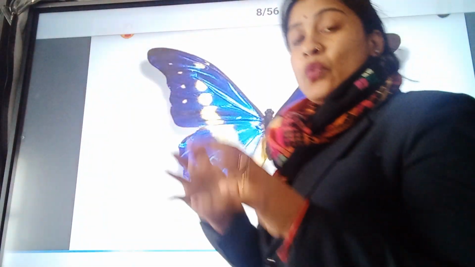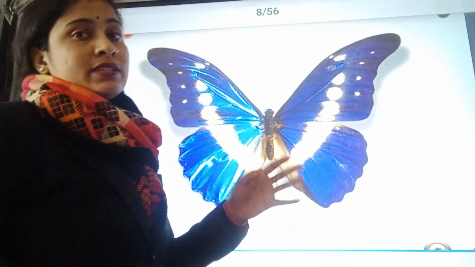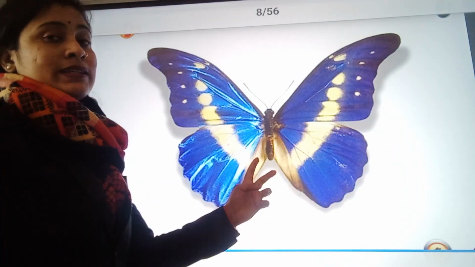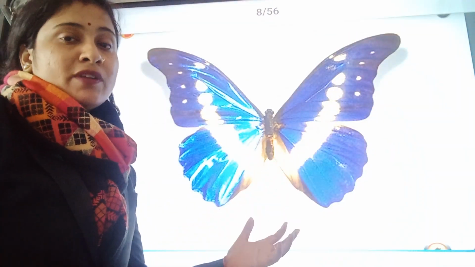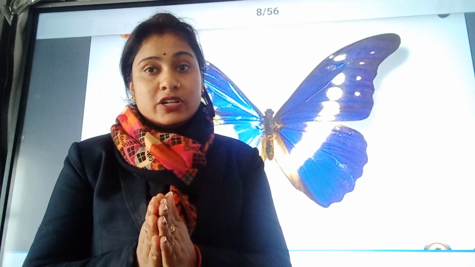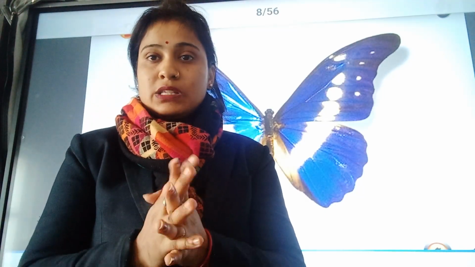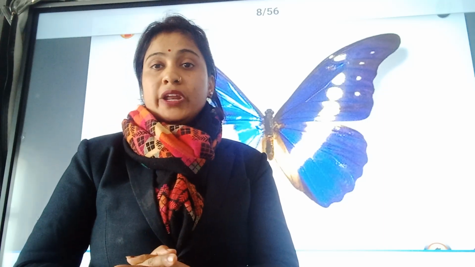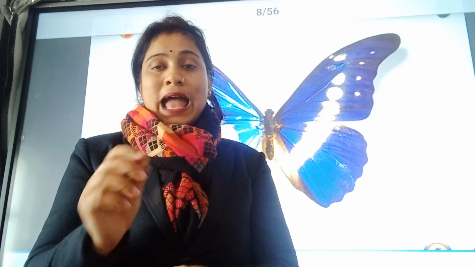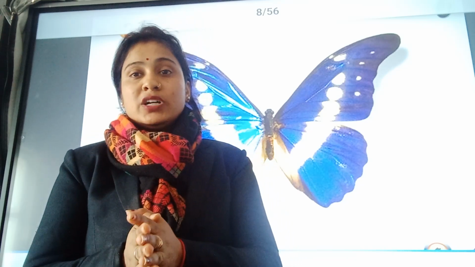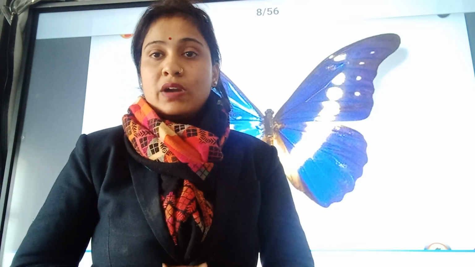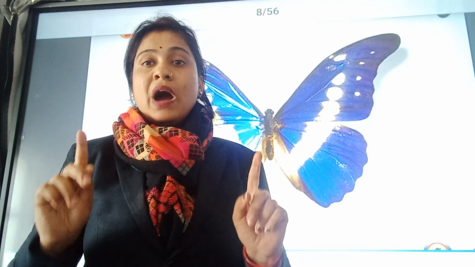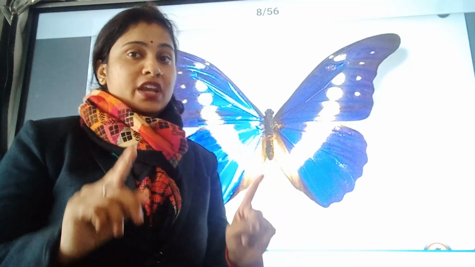So in this case, we see that these pictures are symmetrical in shape. Basically, two figures or pictures are said to be symmetrical if they are divided or folded from a common point and the two parts exactly overlap each other. In that case we say that the two parts are symmetrical in shape.